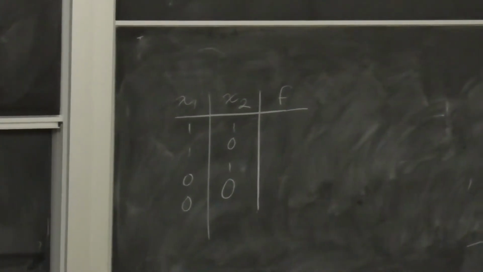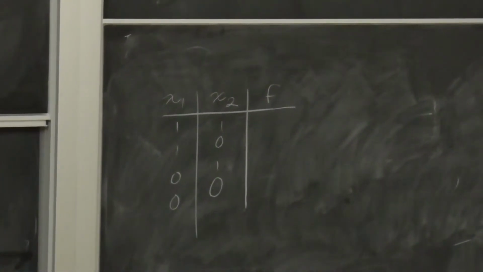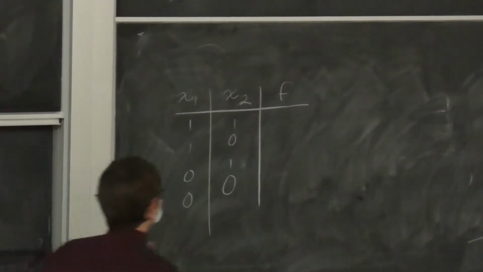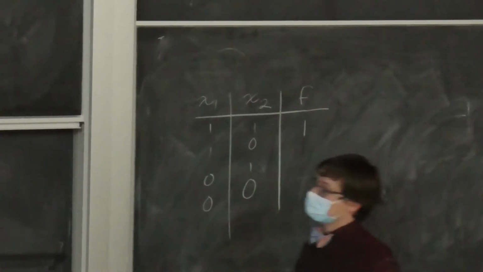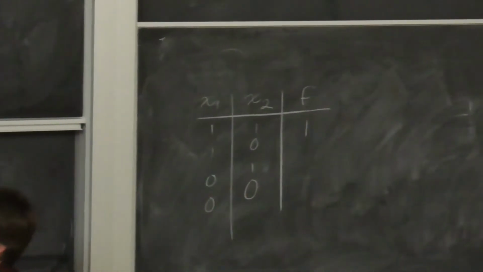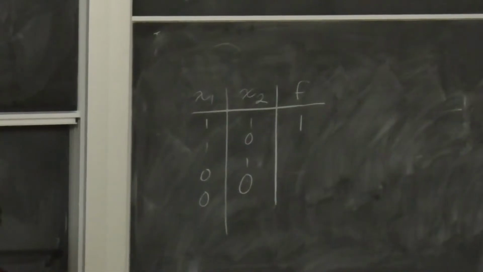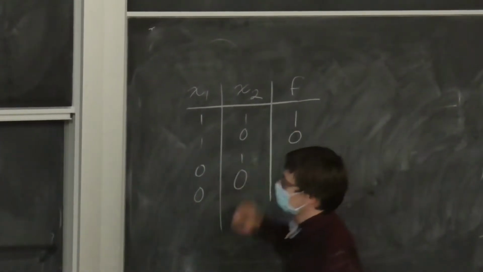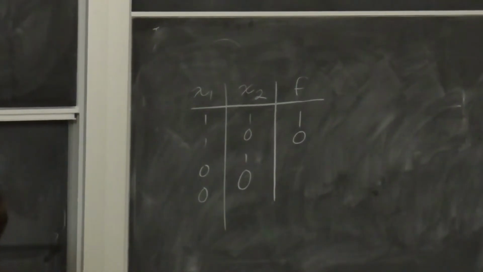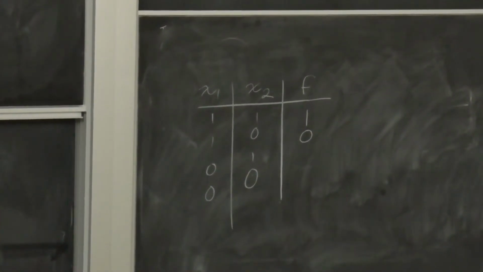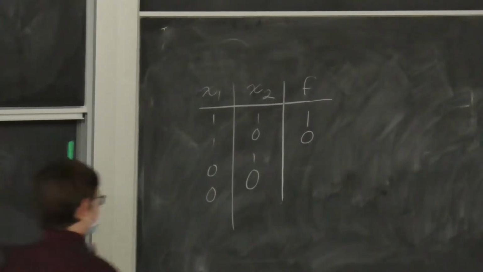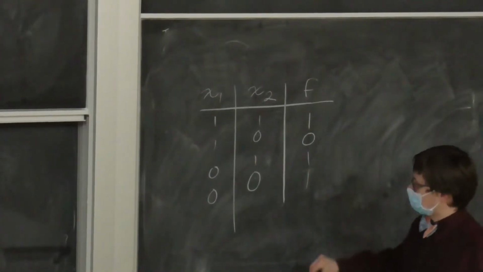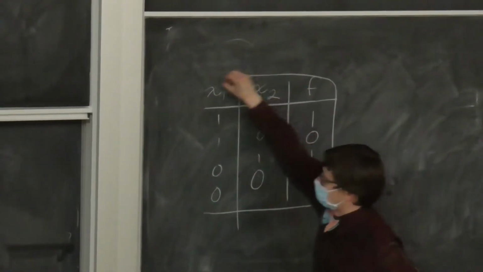What do we get? True, thank you. What if x2 is 0? Zero. What if x1 is 0 and x2 is 1? Right? And in the other case, when both are 0? There we go. Truth table derived.